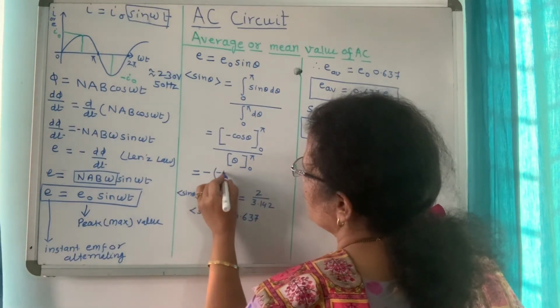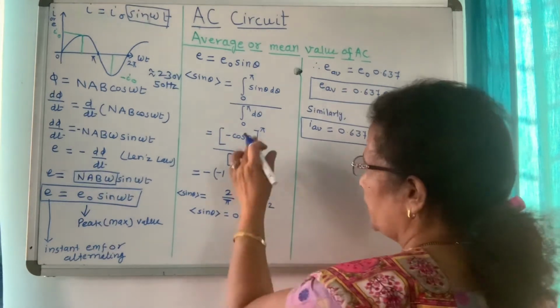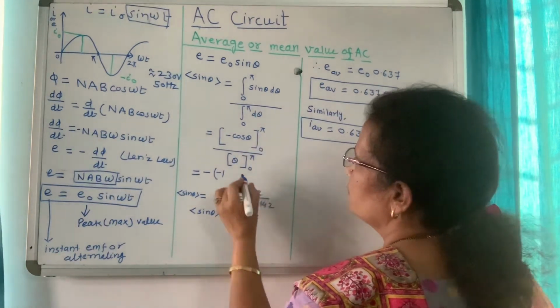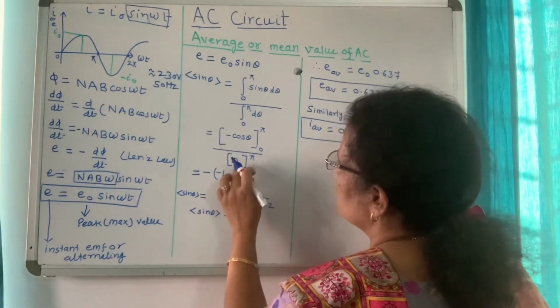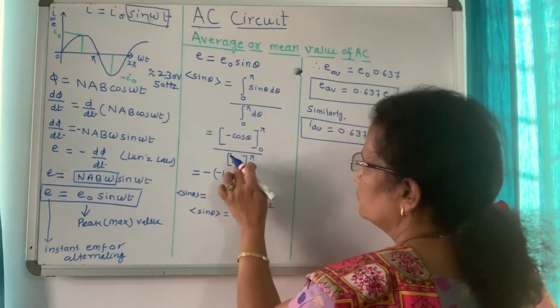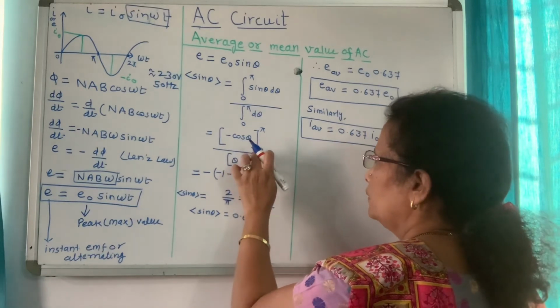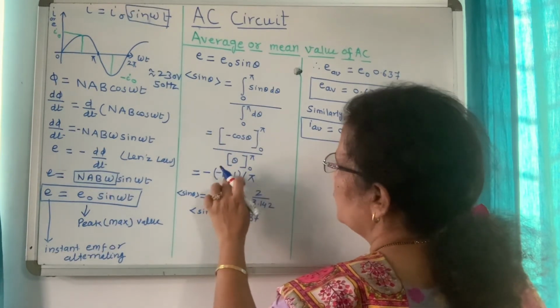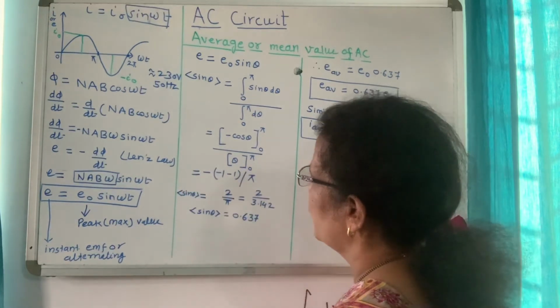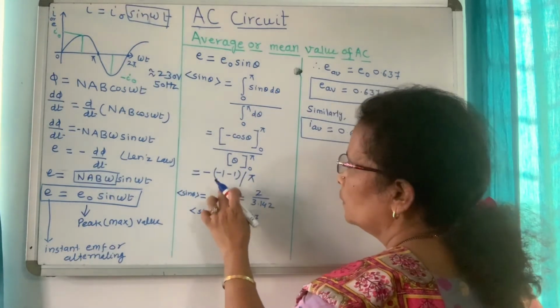This is minus 1, and minus of cos 0. Cos 0 is 1, so this is minus 1, divided by theta with the upper limit pi minus 0, which is pi. So the minus 2 outside the bracket makes this plus 2 upon pi.